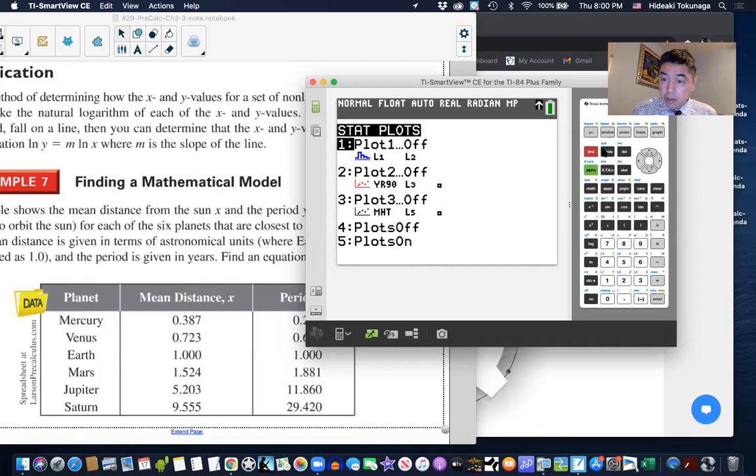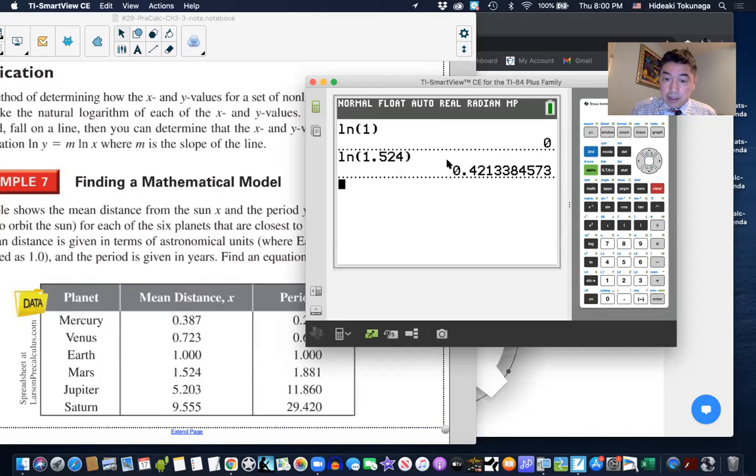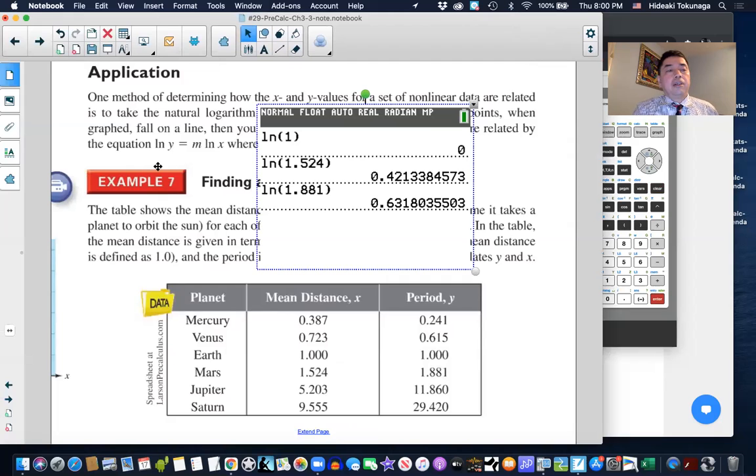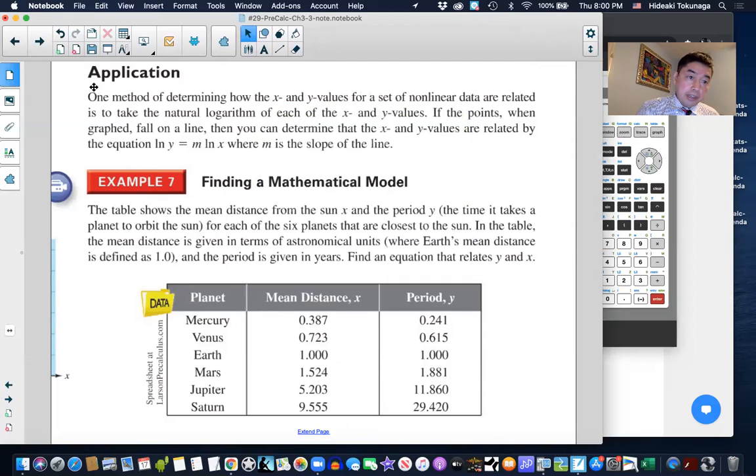Sorry, what did I do? Let me clear this and come back. I'm only doing Mars here, so let me cut and paste to the next page.